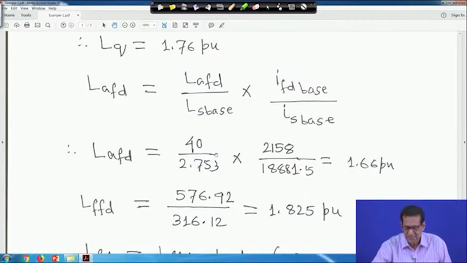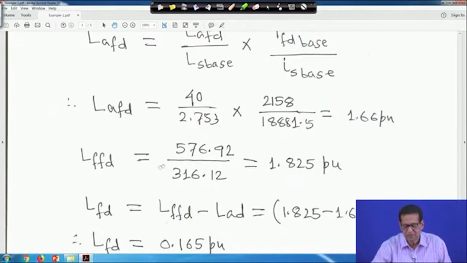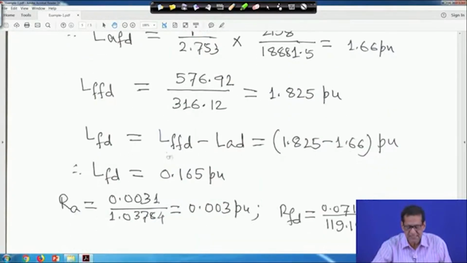Similarly LFFD is equal to 576.92 divided by 316.12, that is 1.825. Using those formulas you can easily get all these things. Similarly LFD is equal to LFFD minus LAD, 1.825 minus 1.66, so LFD is coming around 0.165 per unit.